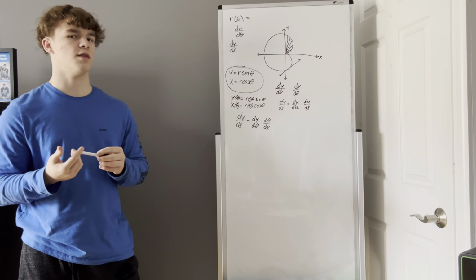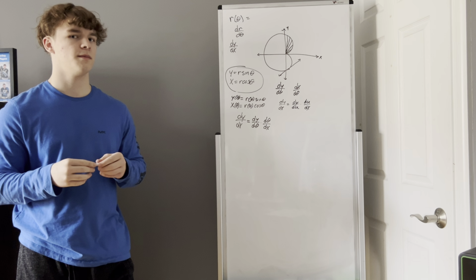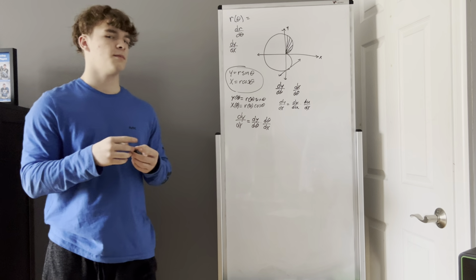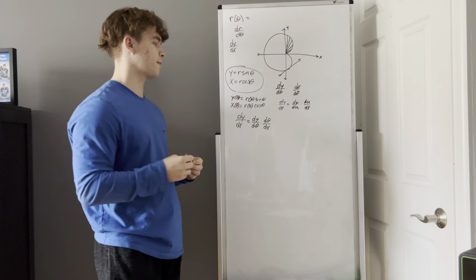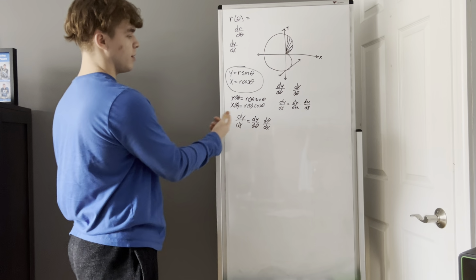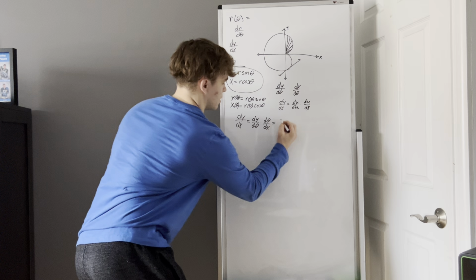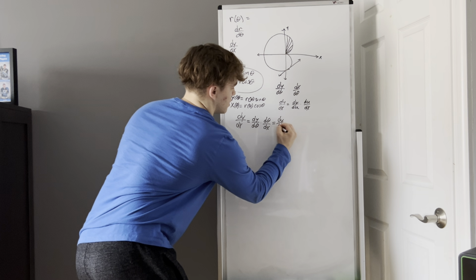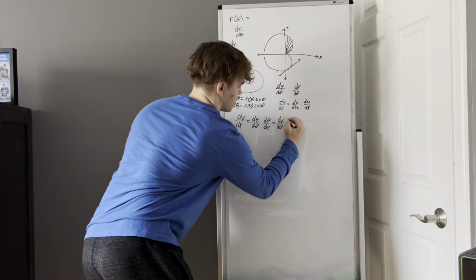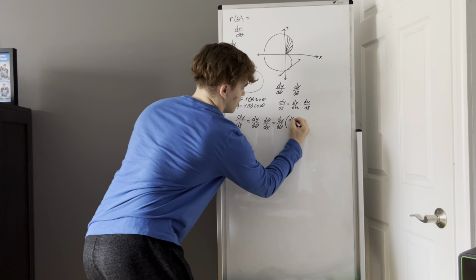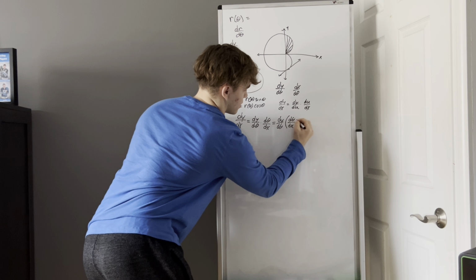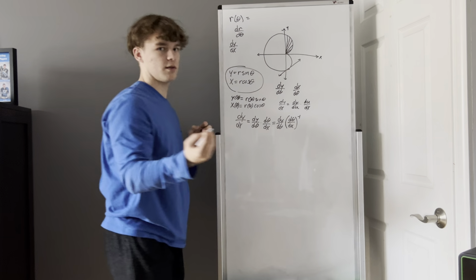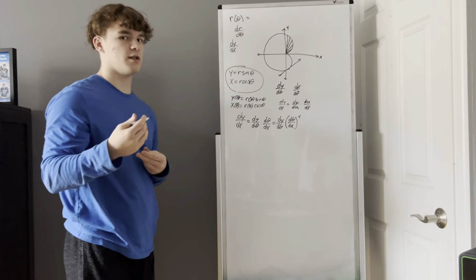But we don't know d theta dx. But we do. Really what this is is dy d theta times, I'll use brackets actually, d theta over dx to the negative 1. Right? It's just the reciprocal.